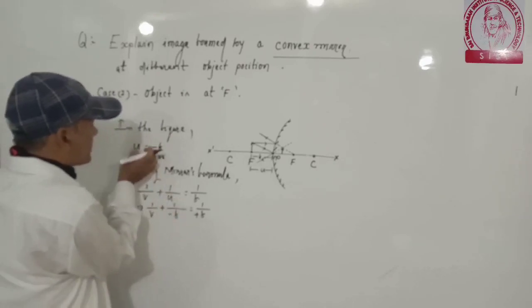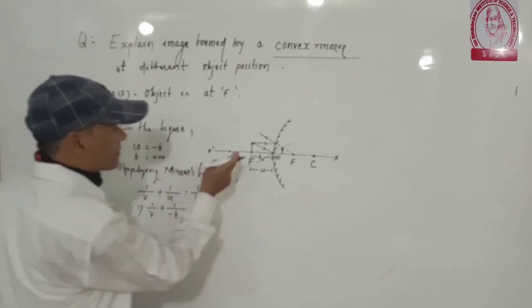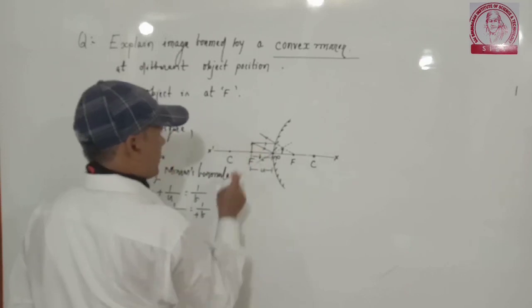Here U is minus F because the object is at the focus.